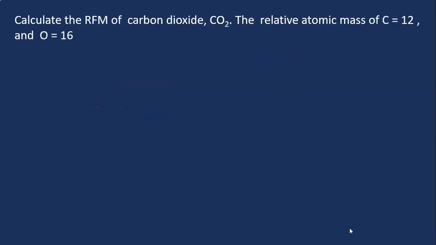Now let's look at a few examples of how to calculate the relative formula mass of compounds. For example, calculate the relative formula mass of carbon dioxide, given the relative atomic mass of carbon is equal to 12 and that of oxygen is equal to 16.